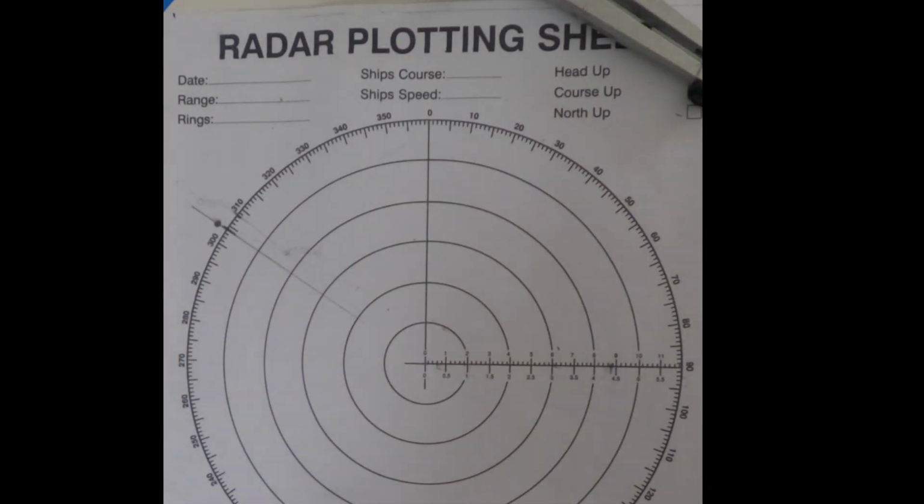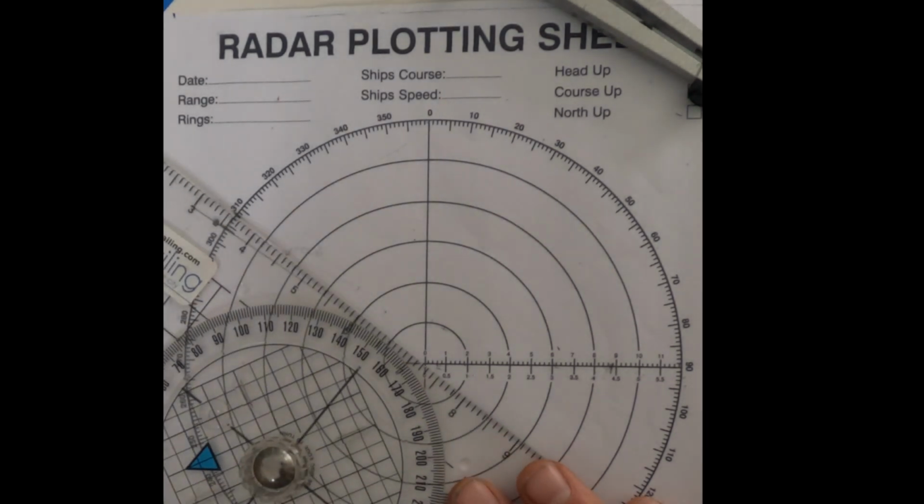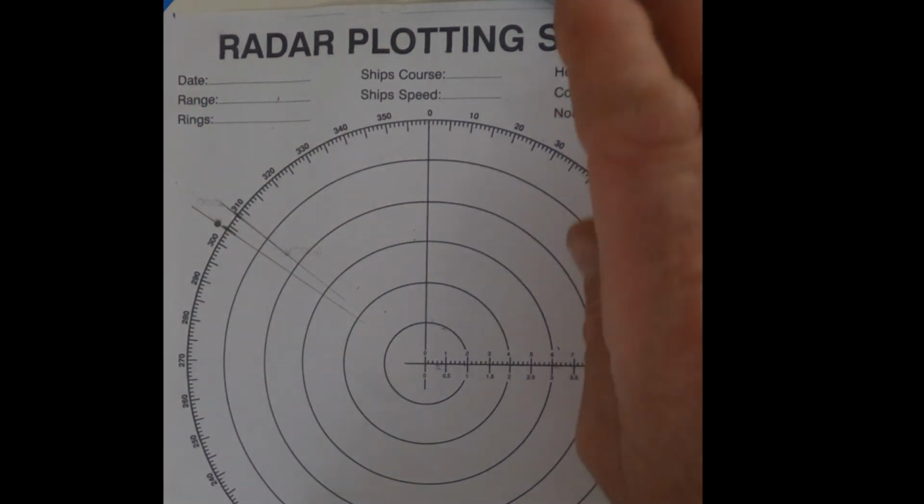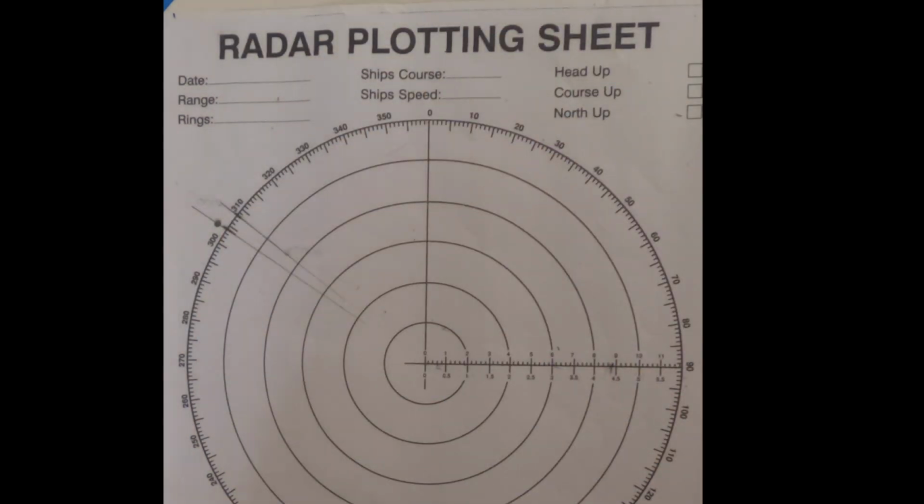The second position, 6 minutes later, was at 308, which is here. So we just mark 308 on our plotting sheet. And the distance in was 4.37.